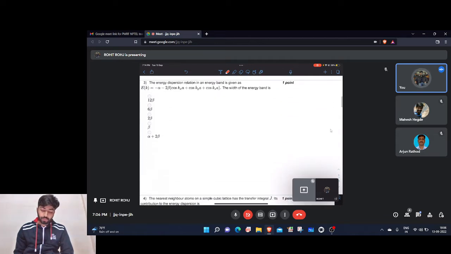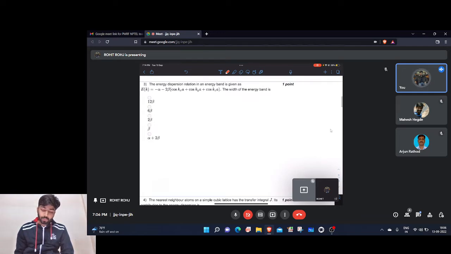Now moving on to question number 3. The energy dispersion relation in an energy band is given as this is the relation given to us. The width of the energy band is. Now in general, when one talks about dispersions, let's say I draw a function which goes like this way. So let's say this is f of x and x. So dispersion relation in this case would be the range of values a function can take considering the variables from minus infinity to plus infinity.